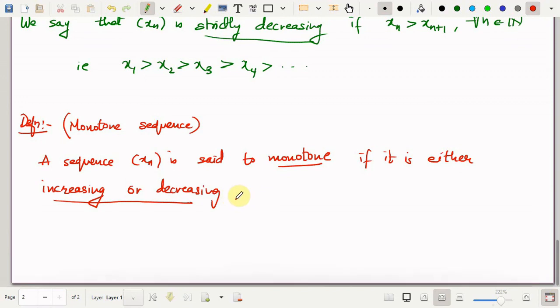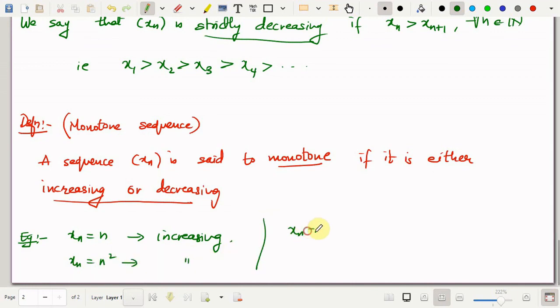Here are some examples of increasing and decreasing monotone sequences. The sequence xn is equal to n. This is monotone because it is an increasing sequence. Then xn is equal to n square. This is again increasing. If I consider xn equal to 1 by n, this is decreasing.